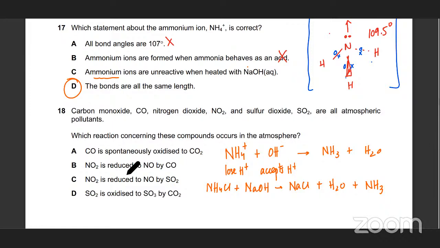Reduced by carbon monoxide in the atmosphere. Never heard of this reaction. What we have heard about is NO2 getting reduced by SO2. Okay, SO2 is a very strong reducing agent.